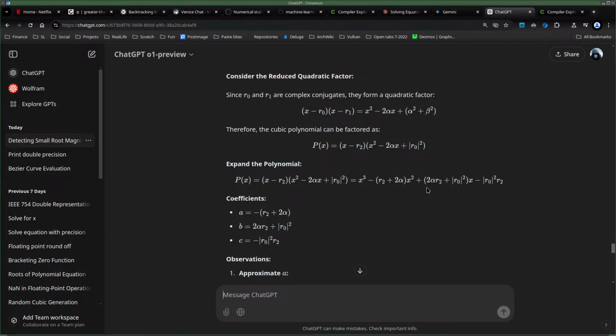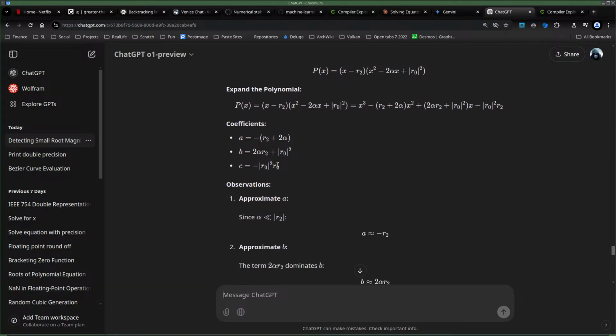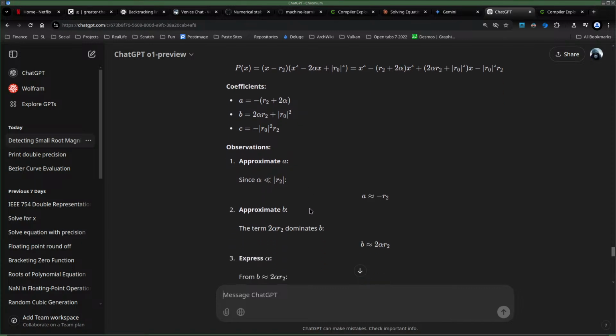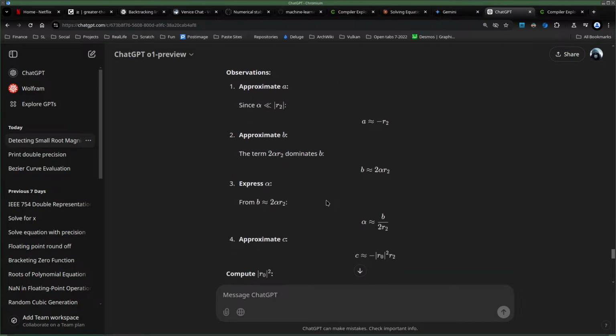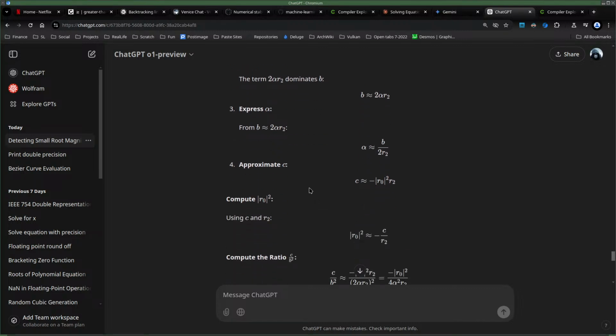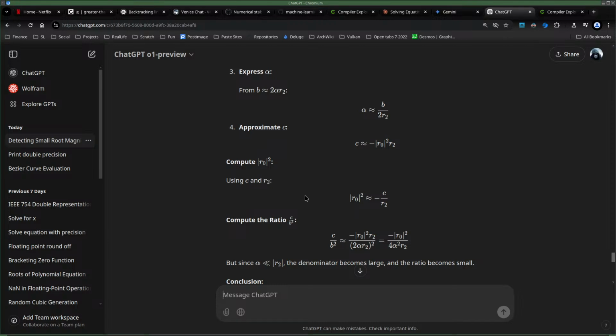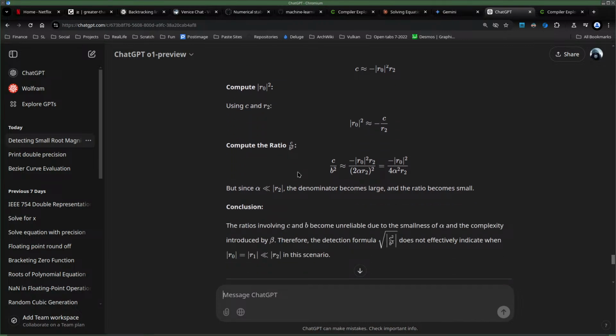It's going in circles. We already had that. So it's the same formula as before.